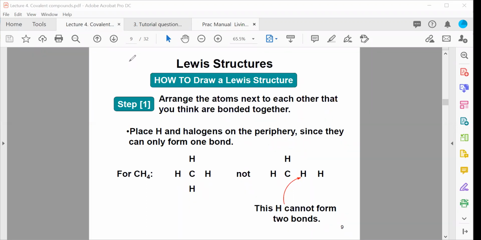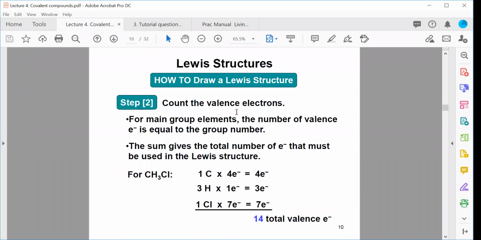All right. Let me move on with this. Step 2, count the valence electrons. For main group elements, the number of valence electrons is equal to the group number, as you already know very well. The sum of those valence electrons gives the total number of electrons that must be used in the Lewis structure.